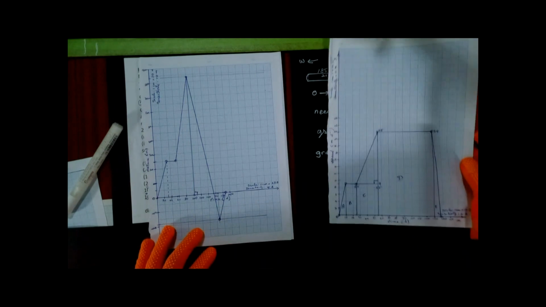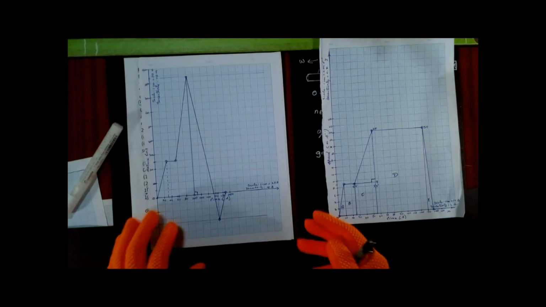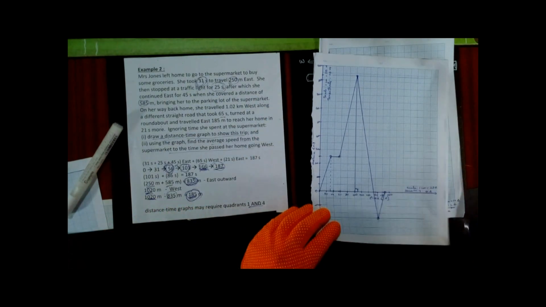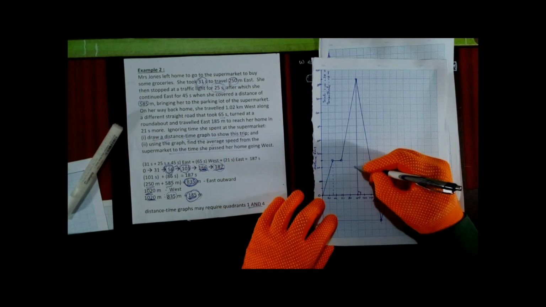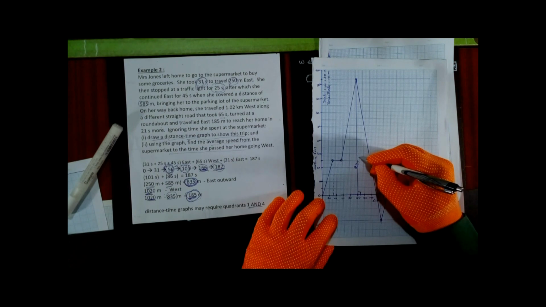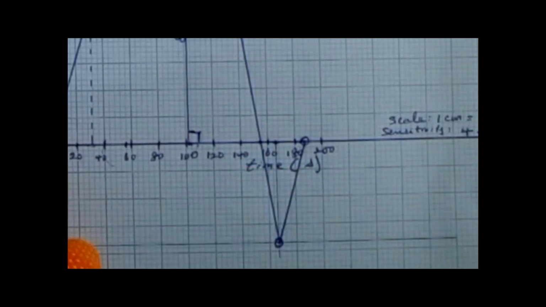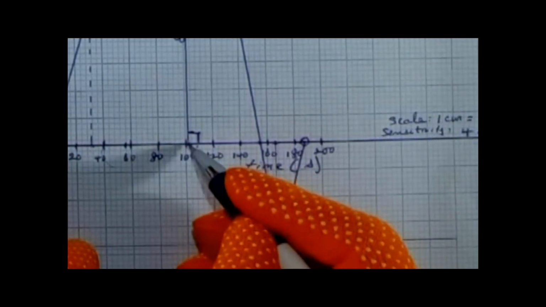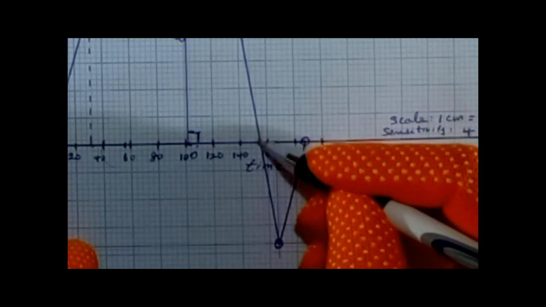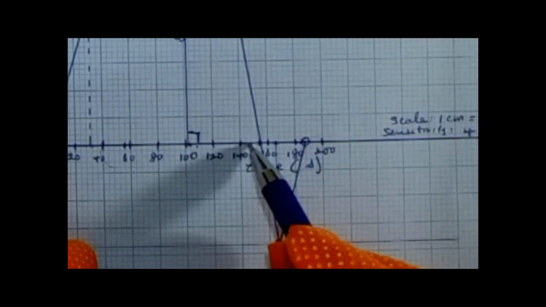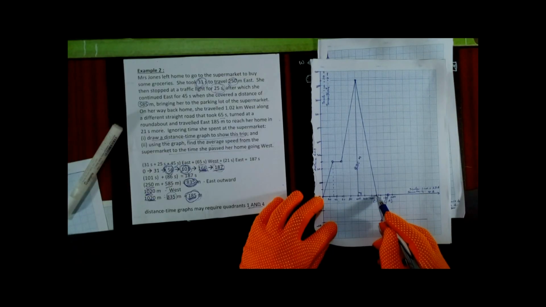Now, we know from here to here is 835 meters. We know this point here was 101. Now we have to estimate this point here because we don't have a measurement for that. 40, 44, 48, 52, 54. Looks like that is 54.